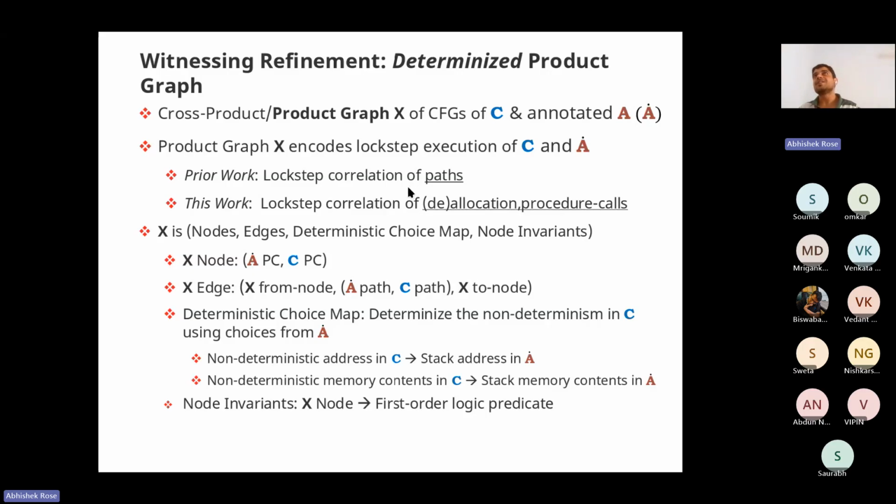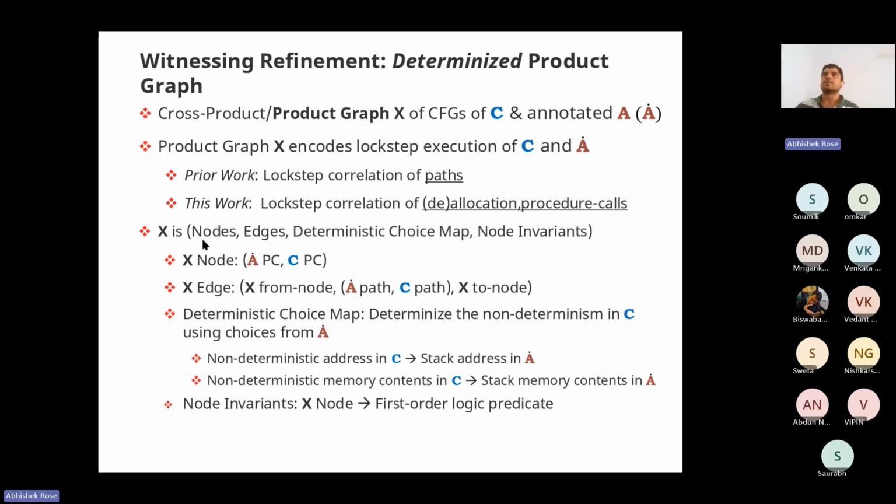And by forcing the product graph edge to correspond to an acyclic, bounded computation, we are able to achieve lockstep execution in the behaviors as well. So both programs will eventually catch up, essentially. In prior work, this lockstep correlation was of paths, and in our work, we are extending it to a correlation of the deallocation, allocation, and procedure call events as well.